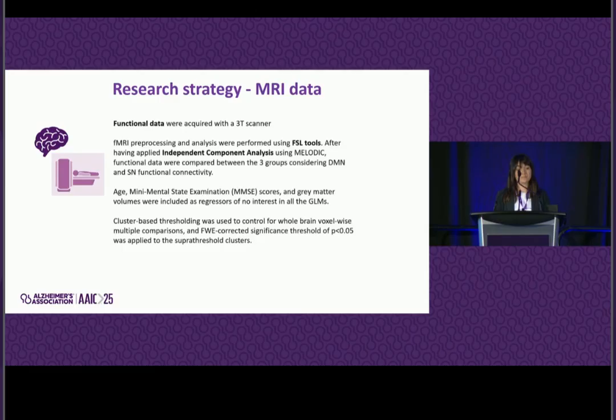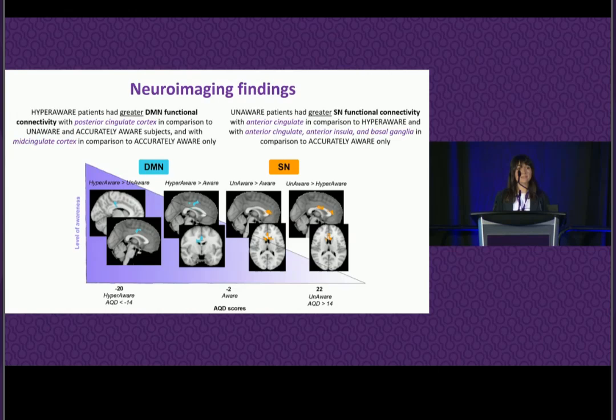Importantly, we considered age, MMSE score, and gray matter volume as regressors of no interest in all analyses, in order to be sure that our results were not driven by differences in global atrophy, for example, or global cognitive stage. So what did we find?